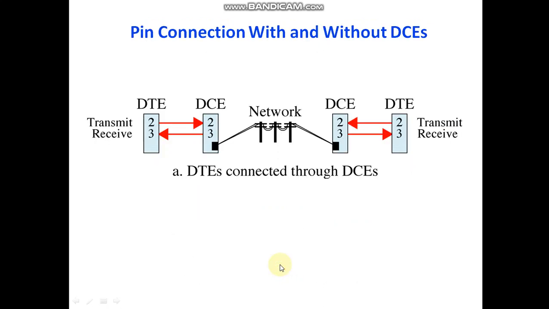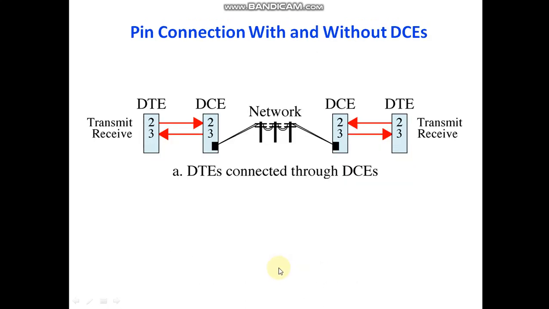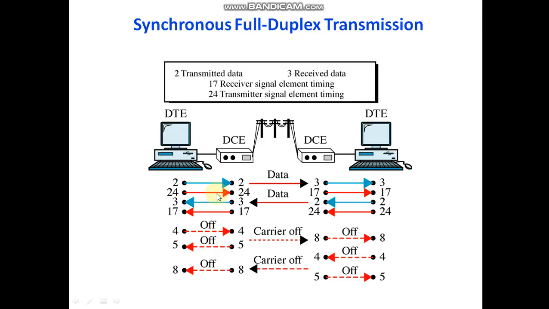Step 4 is the data transfer. The initiating computer transfers the data stream to its modem over circuit 2, which is pin number 2, accompanied by the timing pulse over pin 24. Pin 2 is used to transfer the data, and pin 24 carries the timing signal.